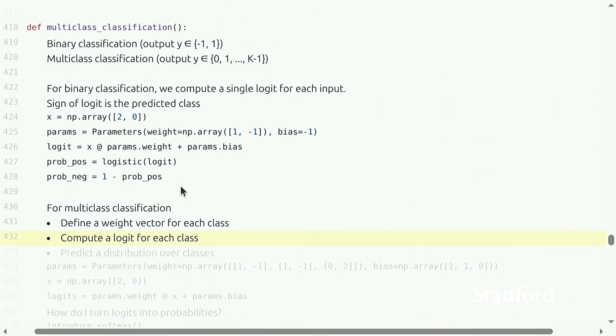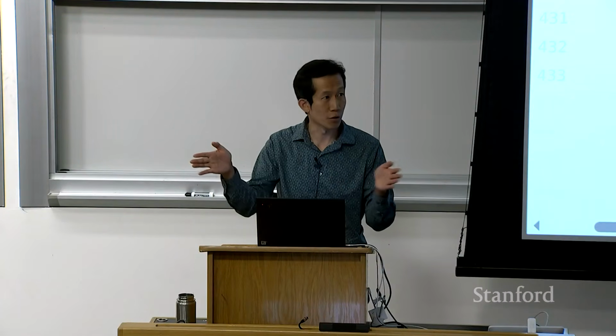And then given that vector of logits, I'm going to do some stuff to make it a distribution. Again, we learned our lesson with binary classification. We don't just want to do 0-1 loss. We want to do something probabilistic, and in the multiclass setting, I want a probability distribution over all k labels.